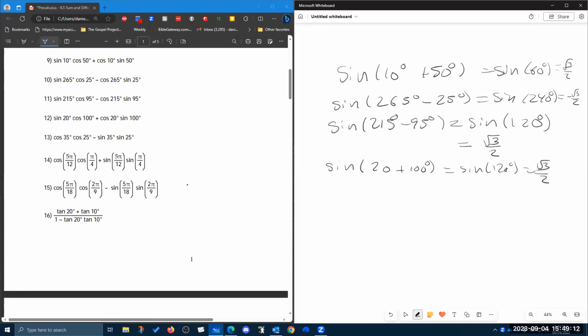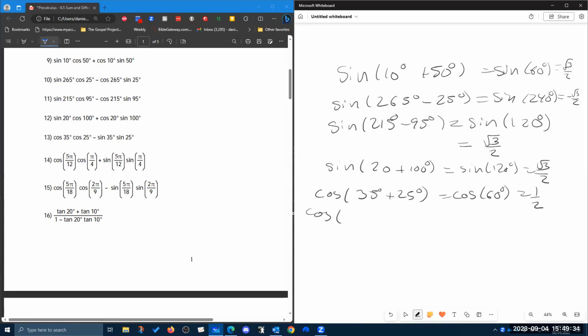Now we're on to some difference of cosines. So this is cosine of 35 plus 25. Notice the minus here means that it's a plus on this side of the formula. It's cosine of 60 degrees, which is 1/2.